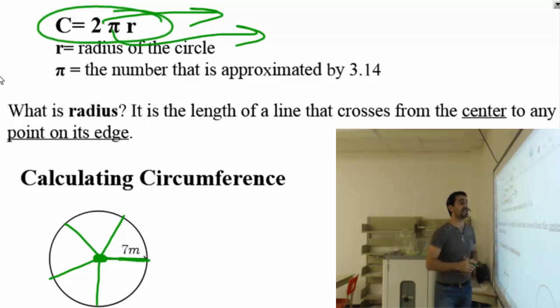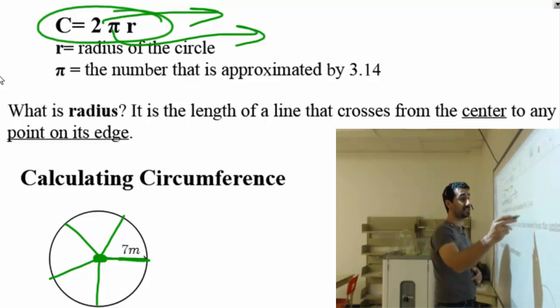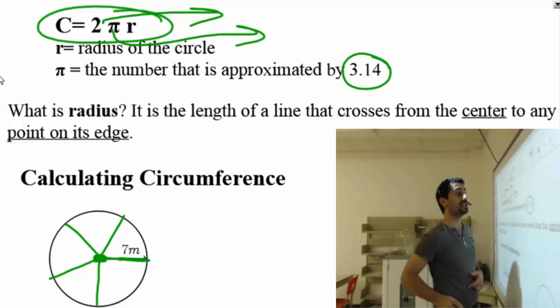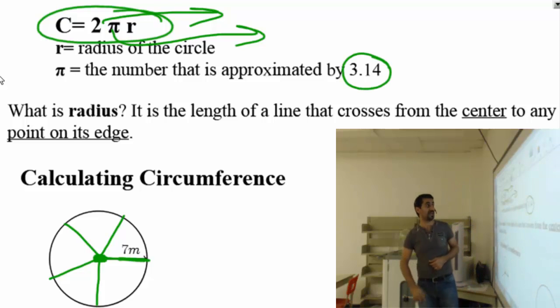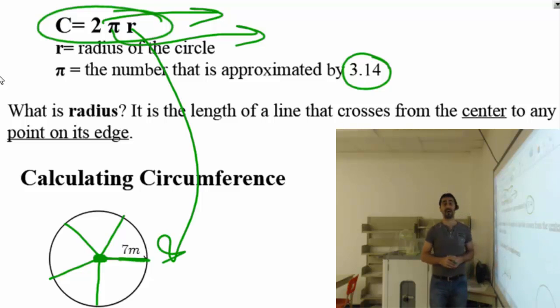Pi is the same number always. It's approximately 3.14. Radius, we just talked about that. It will depend on the circle, so the radius will change. 2 and pi, which is 3.14, will not change.